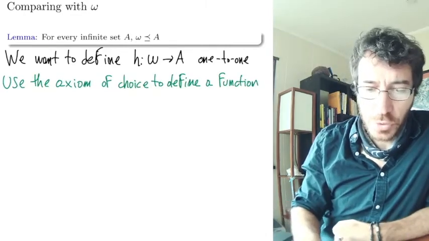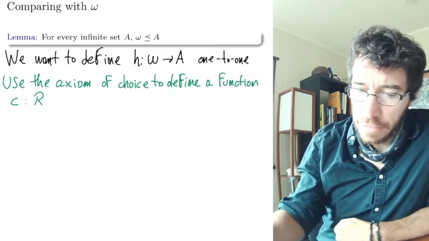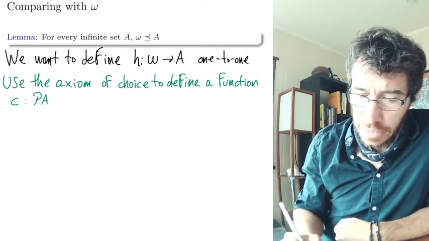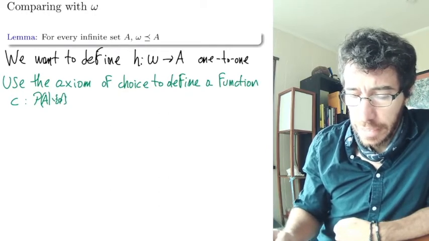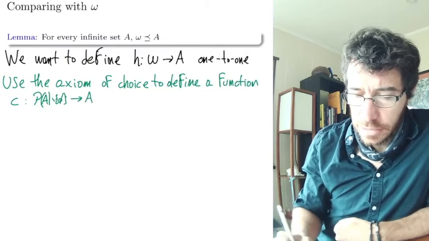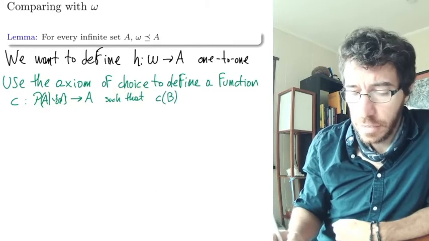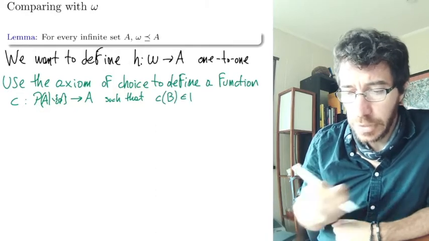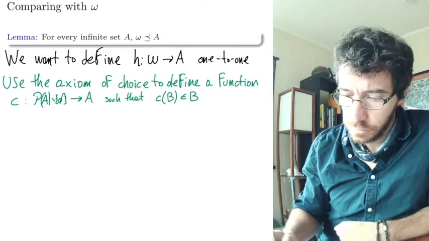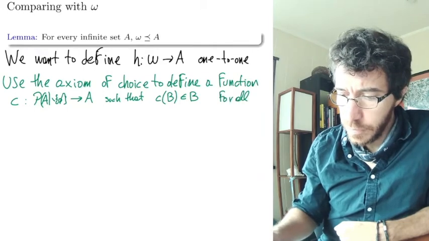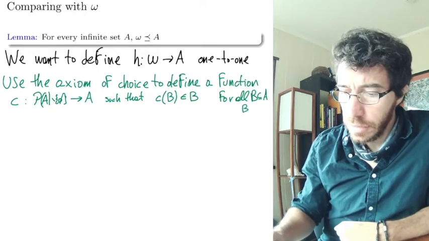So we use the axiom of choice to define a function, let's call it C for choice, that takes every subset of A, well, except for the empty set, and picks an element of A such that the image of a set, let's call it B, a subset of A, belongs to B. Okay, so we are only choosing sets B that are subsets of A and B are not empty, right?